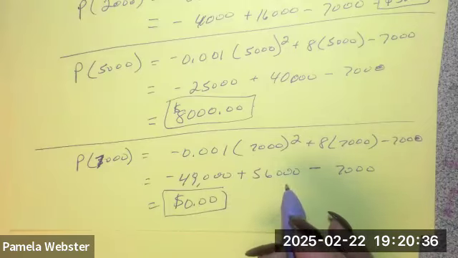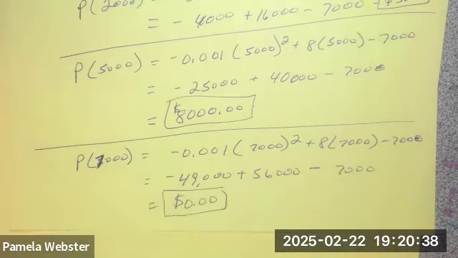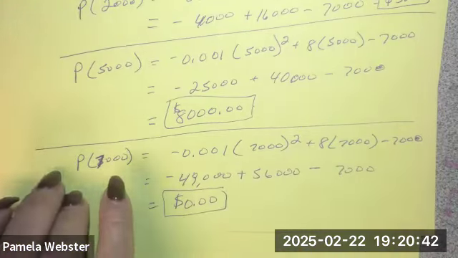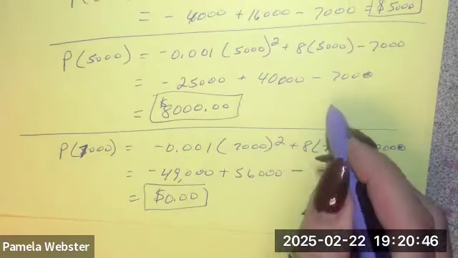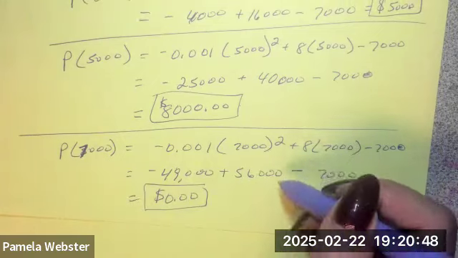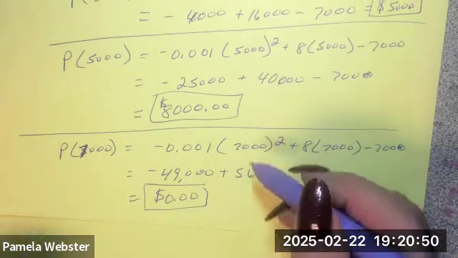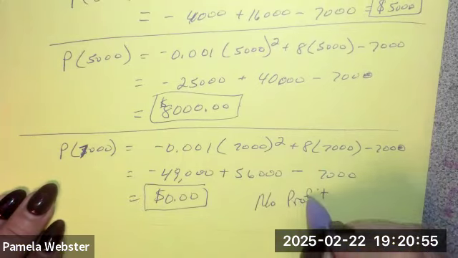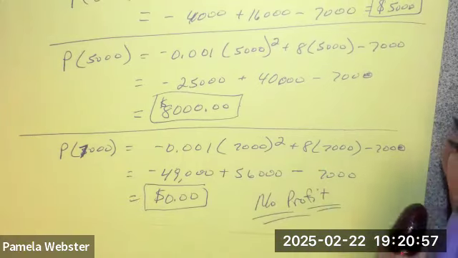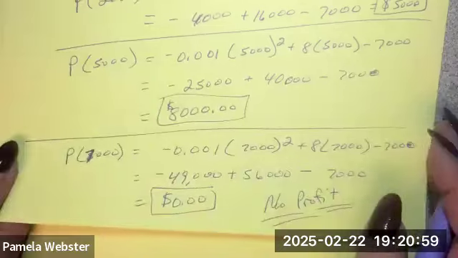The idea here is, let's look at our actual functions and see what's happening. My cost function has suddenly caught up with my revenue function. That's what's up. So I'm not making any profit here. Yikes. So as a company, would it make sense for us to create 7,000 headphones and start to sell them?